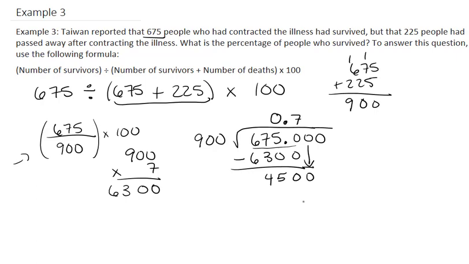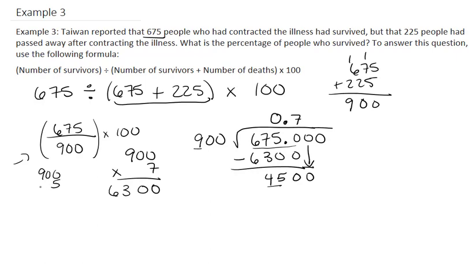Now 900 goes into 4,500 how many times? We're going to estimate here too. We have 900, and we're probably going to guess 5, because if we take just the 9 and the 45, 9 times 5 is 45.